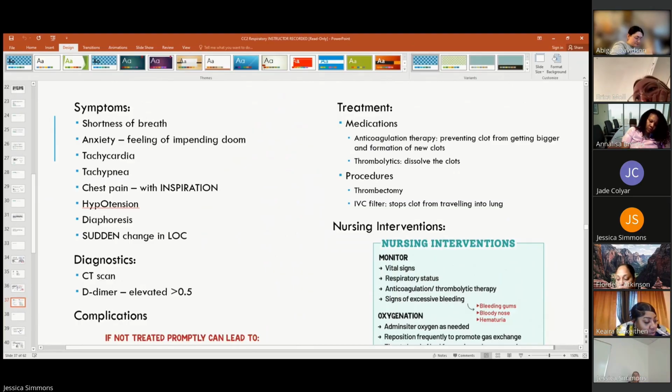Diagnostics include a CT scan, an elevated D-dimer, which usually is not 0.5. It's usually like hundreds. Like if it's over 500 is a positive D-dimer. It's not usually to the tenths like that.